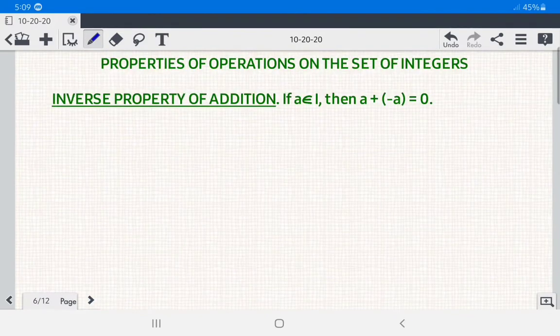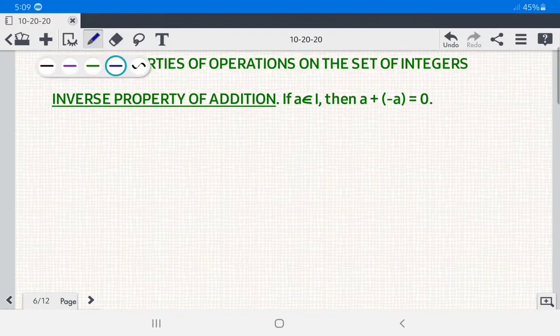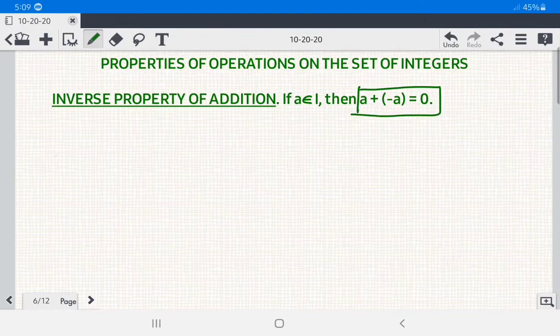Next, the last property is the inverse property of addition. If A is an element of I, then A plus negative A is equal to 0. Let us have an example.